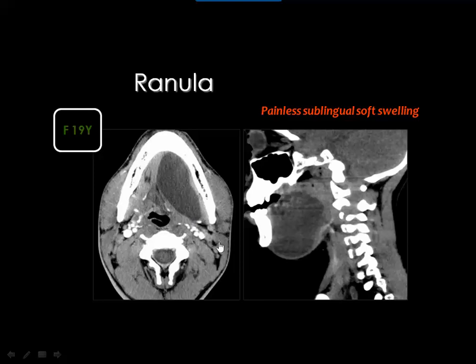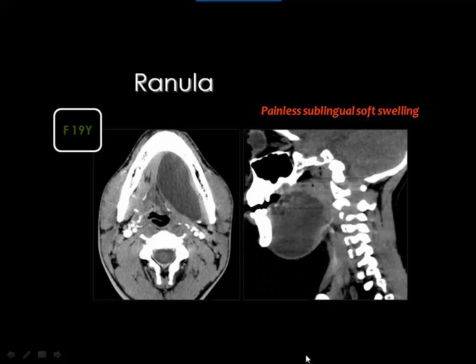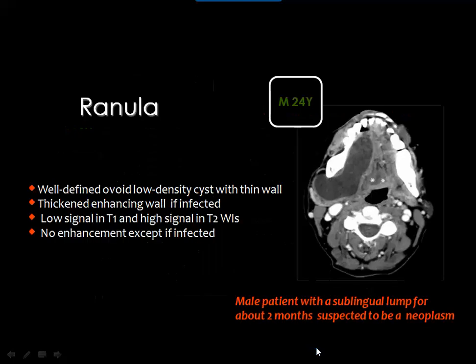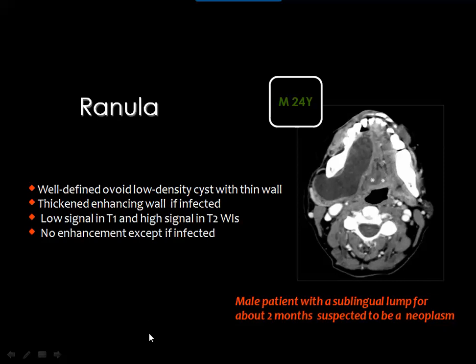It should be located on one side of the mouth floor, either to the left or to the right, as you can see here. And this is also an example of a ranula in the mouth floor, and this ranula is big, and it is extending into the submandibular space, compressing the submandibular salivary gland.